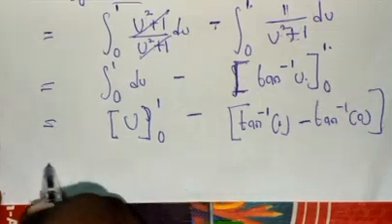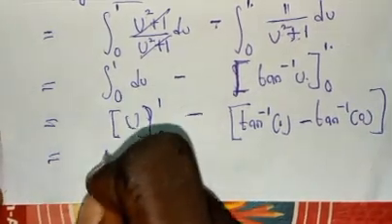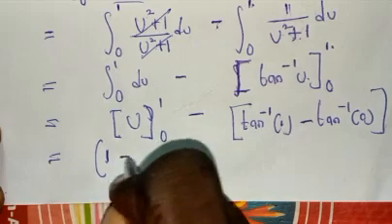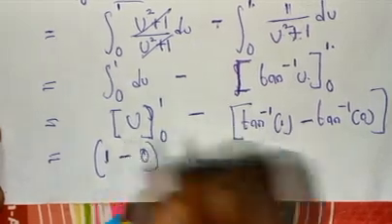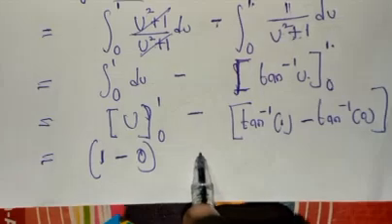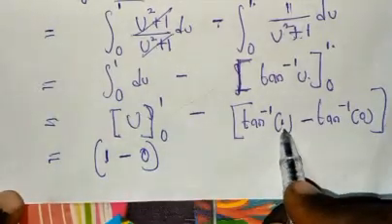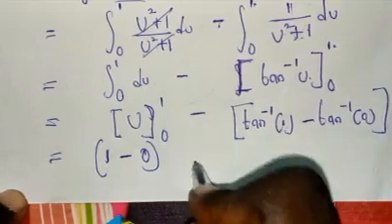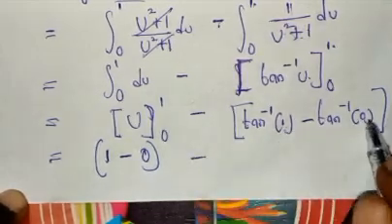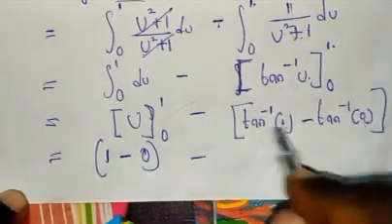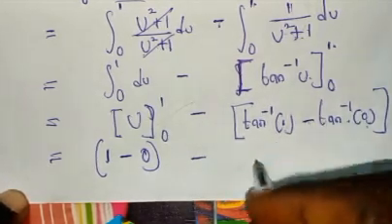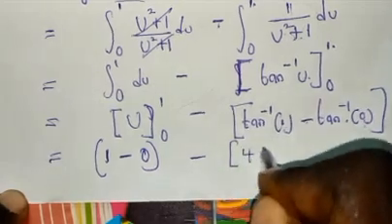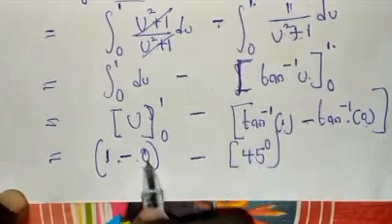Here we have 1 in bracket minus 0 when you substitute. So we know that the tan inverse of 1 is 45. And the tan inverse of 0 is 0. So 45 minus 0 is still 45. So we have 45 degrees here, and here we have 1.